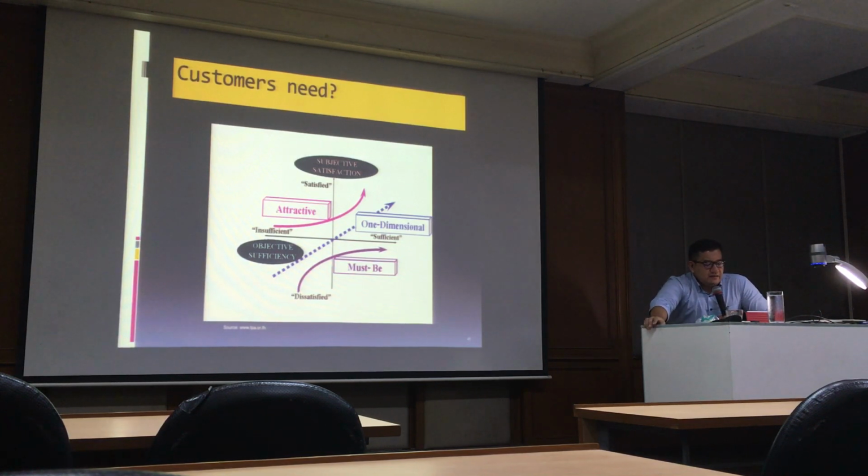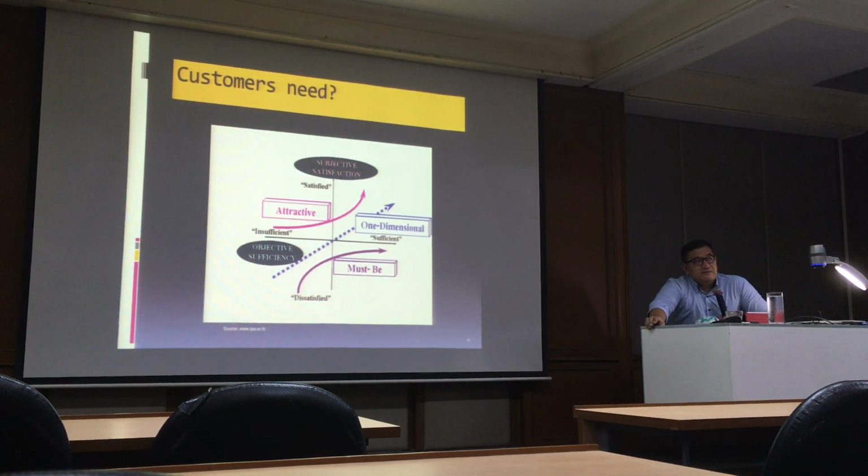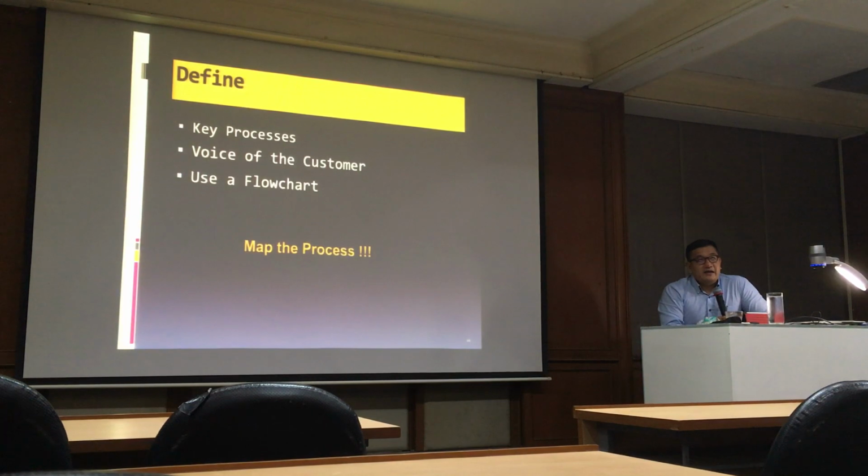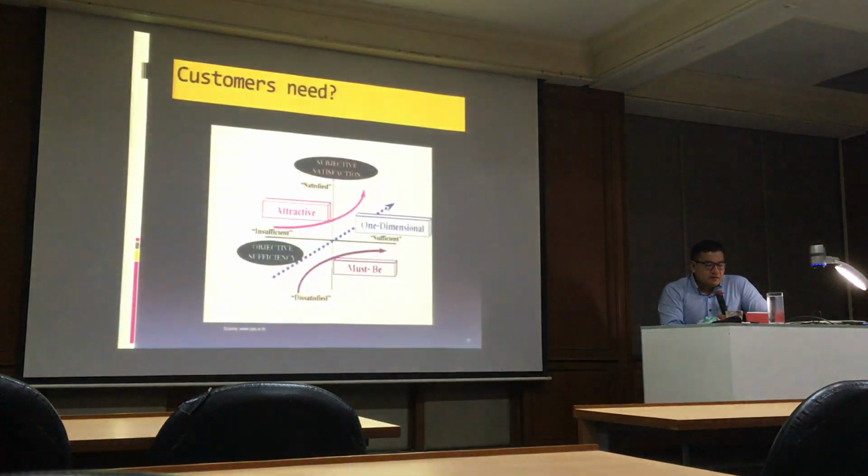So the point is that you might think about the problem from the point in the process that can make the customer happier, based on the attractive graph, okay. Or thinking about why the customer complains could be useful information to find the point that we are going to improve.